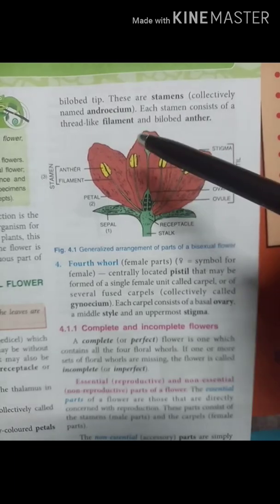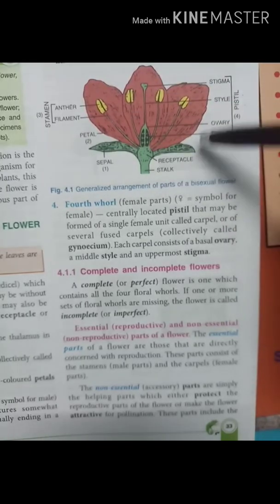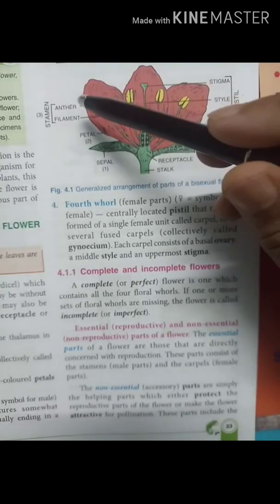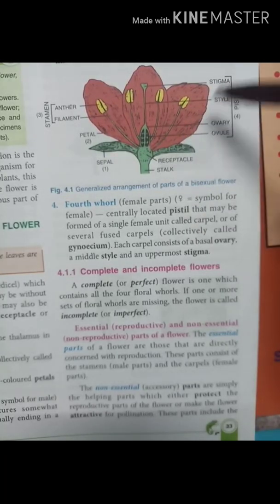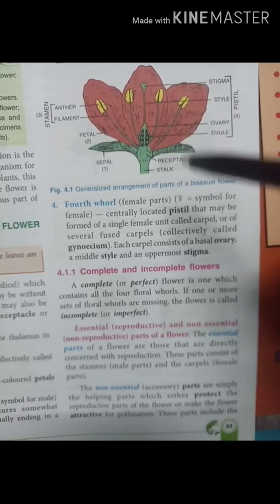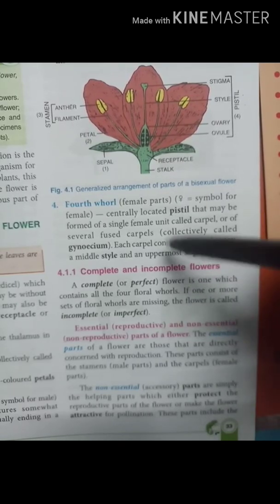Now, come to the next topic: complete and incomplete flowers. If a flower contains all the floral parts, such flowers are known as complete flowers. And if any floral part is missing, such flowers are known as incomplete flowers. Clear?